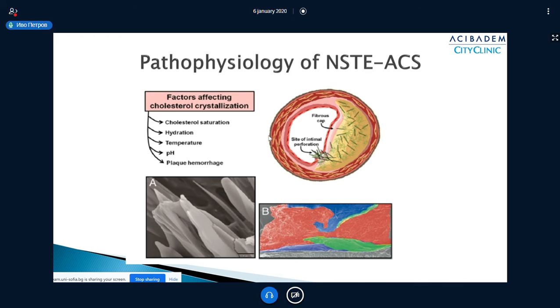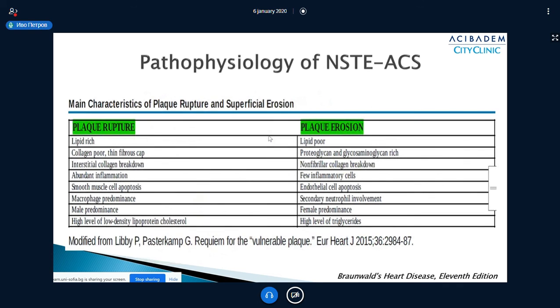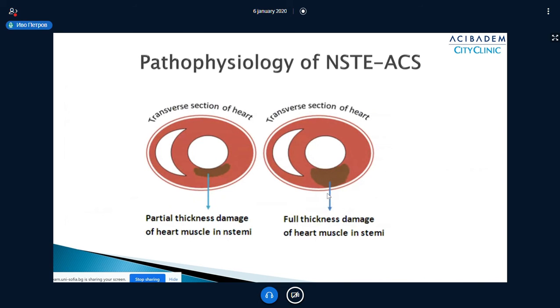And as I mentioned, it can be caused by inflammation, like here, endothelial cell apoptosis, spasm of the guilty vessel, and many other factors.